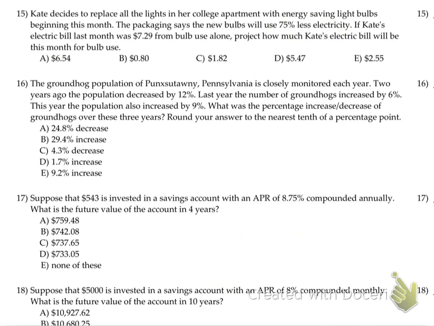It's closely monitored each year. So 2 years ago, the population decreased 12%, then increased 6%, then increased 9%. What's the final thing? Remember we had one just like this in the homework with the stocks going up and down. What do we do? 1 plus, 1 minus, multiply them all together. So let's do it.